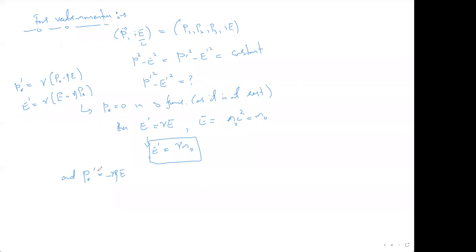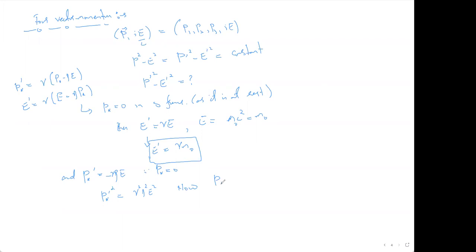Minus gamma beta E, because Px is equal to 0. So what will be the Px dash square? Px dash square किसके बराबर हो जाएगा? It will be gamma square beta square E square, when squaring on both sides. So now what will be this जो मुझे find करना है? Px dash square minus E dash square.